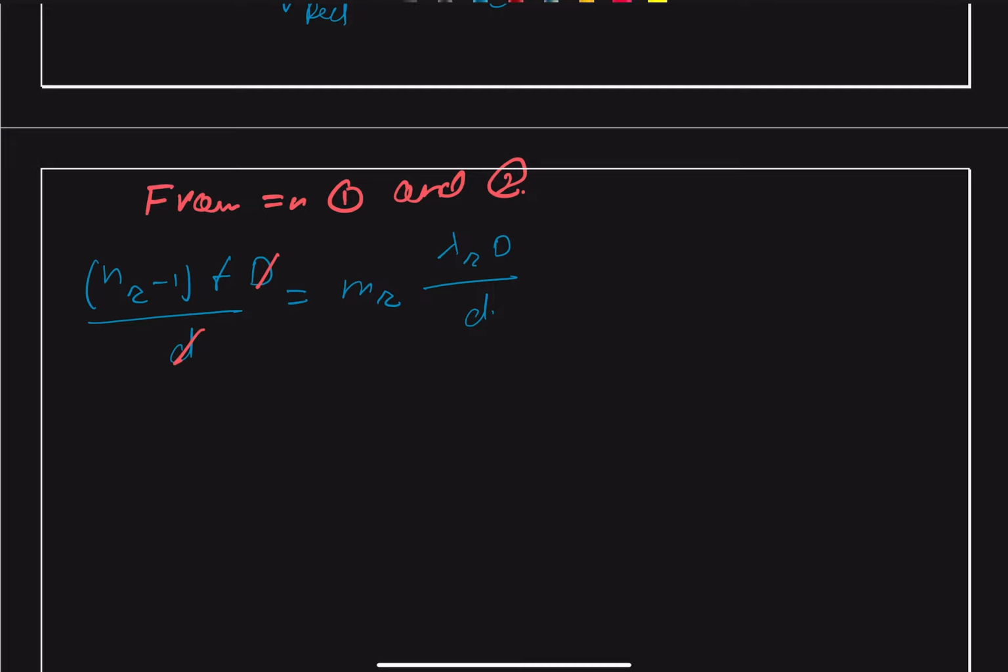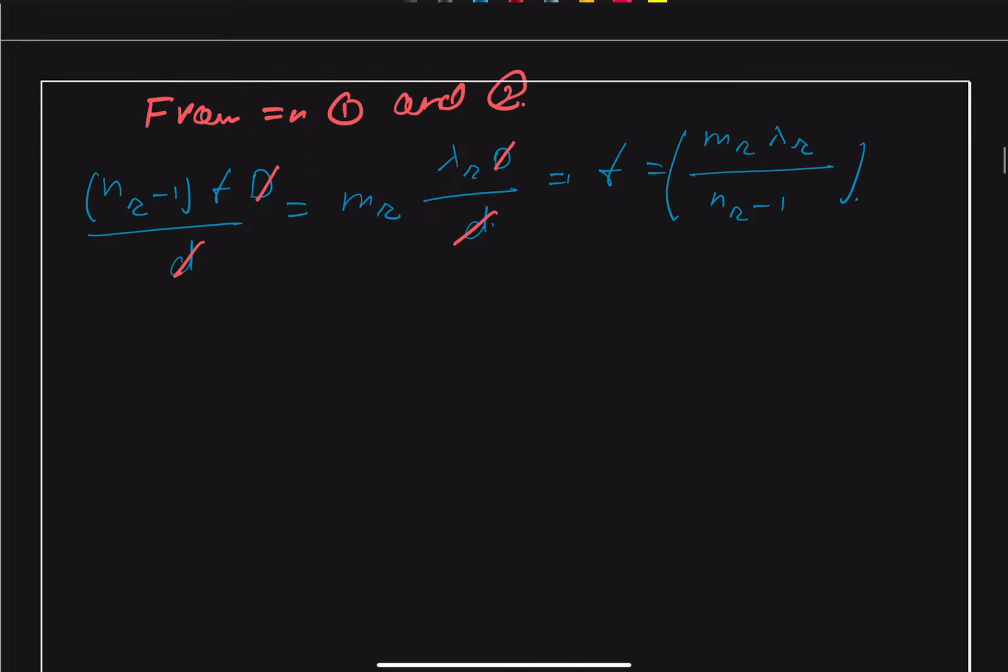The D and d cancel out, and we can just solve it for t. This gives us that t will be equal to m_R lambda_R divided by refractive index for red minus 1.